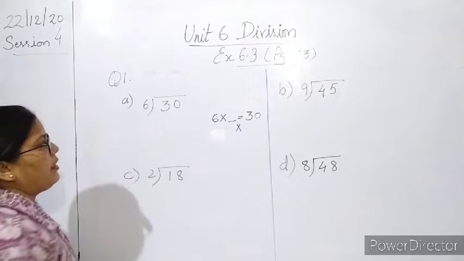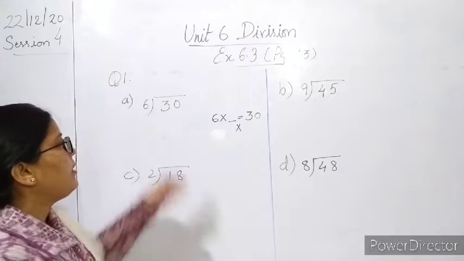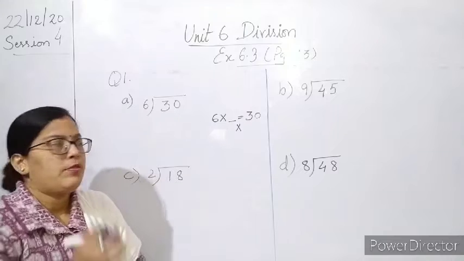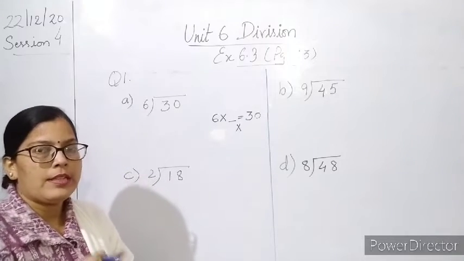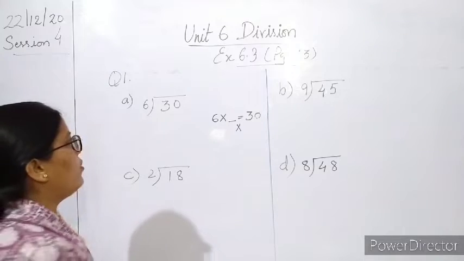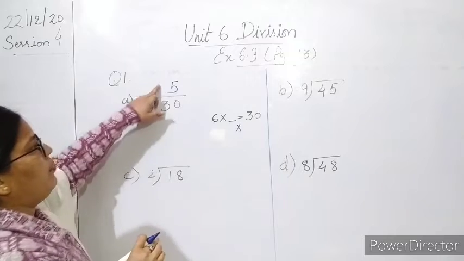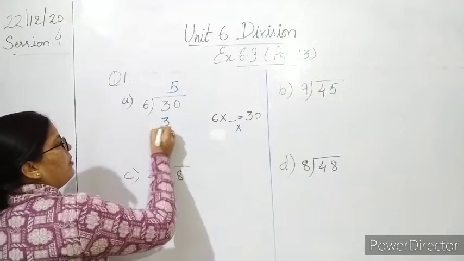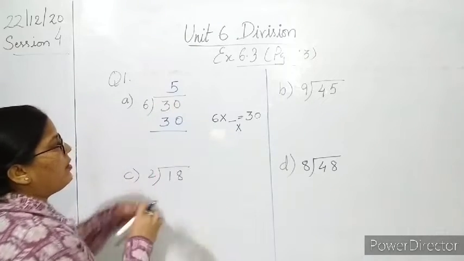So to divide 30 by 6, you have to recall the table of 6 till you get 30. When you recall the table, you will find that 6 fives are 30. So we'll write 5 here at the answer place at the top, and then we'll write 30 again here below the dividend.